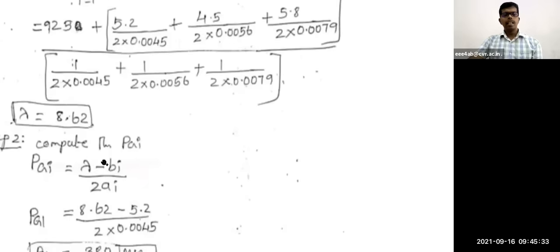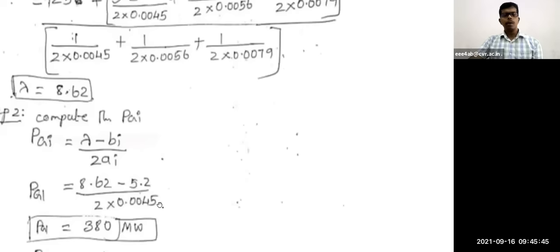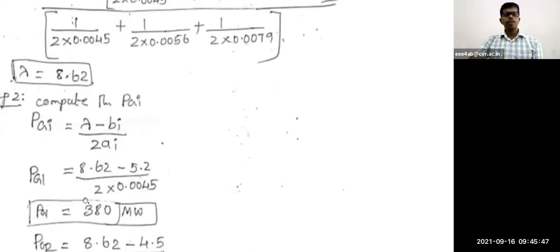So what is PG1? PG1 is equal to this lambda 8.62 minus B1 5.2 divided by 2 into A1, so that value 2 into 0.0045. You need to substitute, and after further simplification, you'll get PG1 is equal to 380 megawatt.